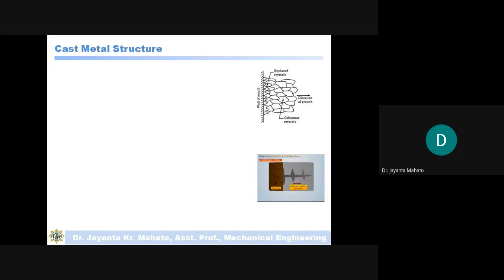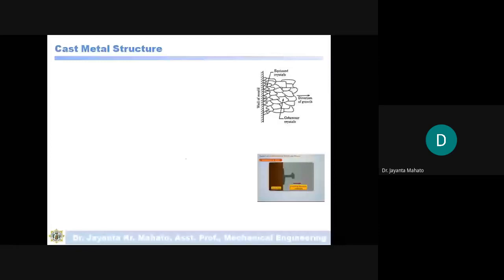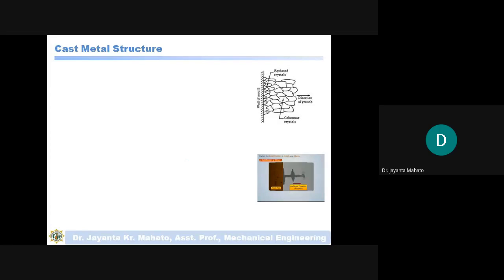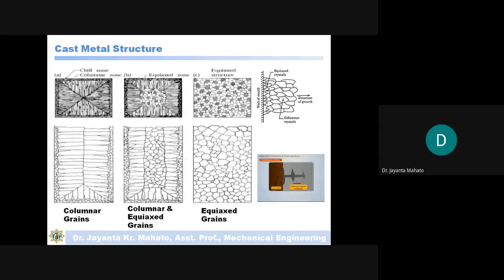As I told, this is because of the heat transfer from the surface of the mold cavity towards the center of the mold cavity. So three different types of grains are formed. One is columnar, which is an elongated type.